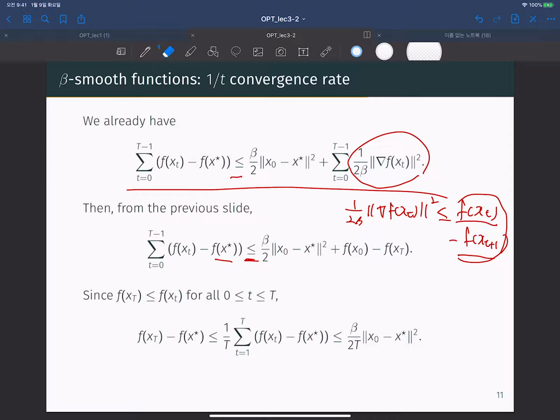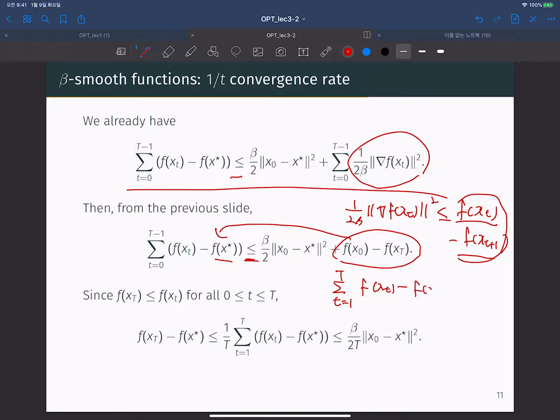Okay, now let's move these two terms, f(x_0) minus f(x_T), to the left hand side. Then we have the summation from t equal to 1 to capital T of f(x_t) minus f(x star) less than or equal to beta over 2 times x_0 minus x star normed square. And we can also use a very interesting property of beta smooth functions and gradient descent with step size 1/beta.